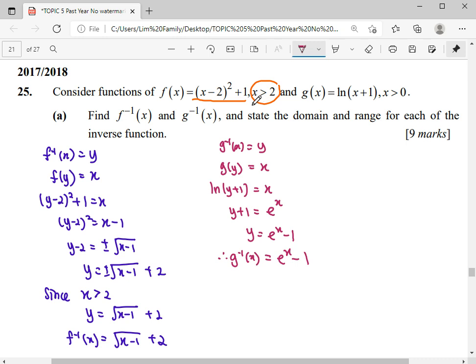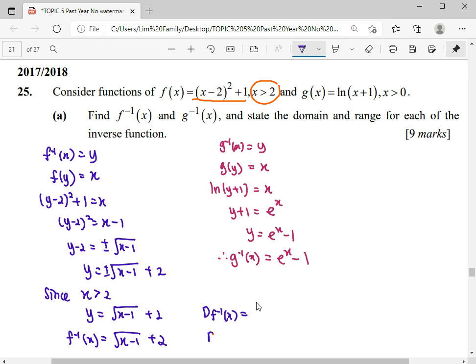Second part, state the domain and range for each of the inverse functions. So for the domain of f inverse, we have to refer to the range of the function.